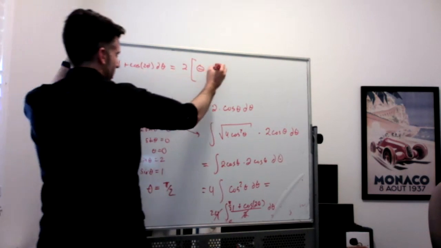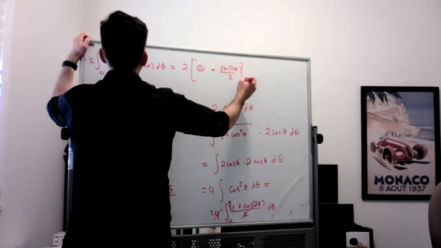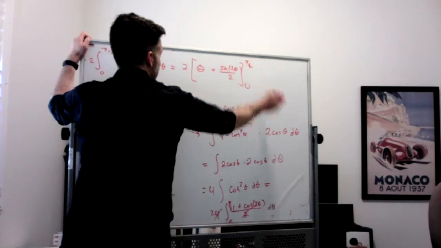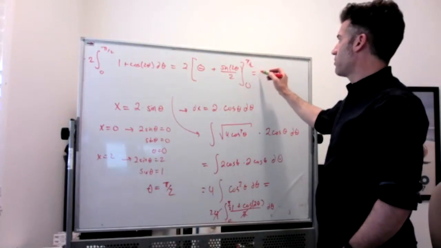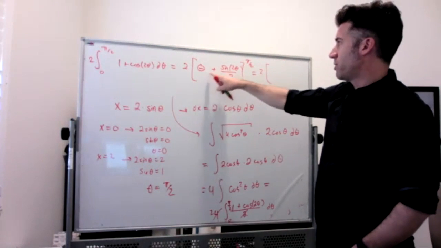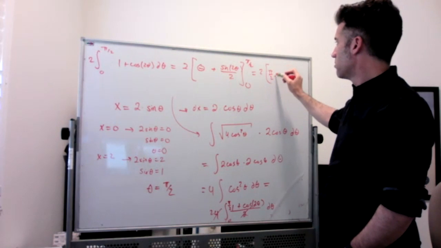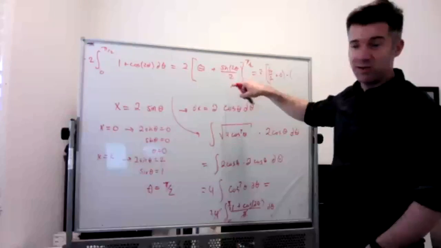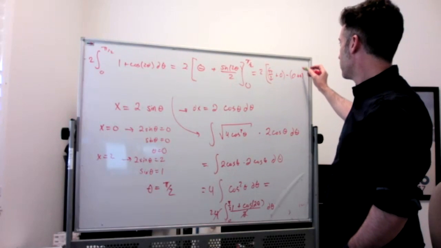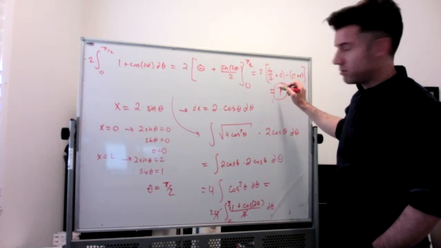The antiderivative of cosine 2 theta is sine 2 theta over 2, from 0 to pi over 2. Plugging in pi over 2, we get pi over 2 plus sine of pi, which is 0. Minus 0 plus sine of 0, which is also 0. So we get 2 times pi over 2, which is, hey, pi, just like we said it was.